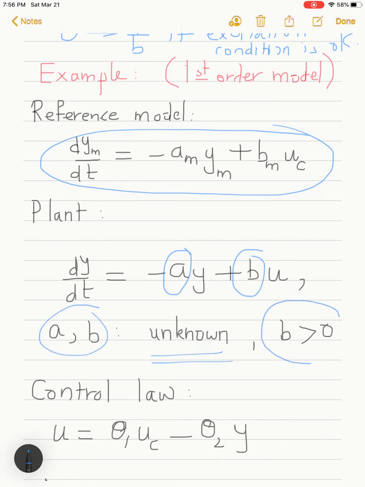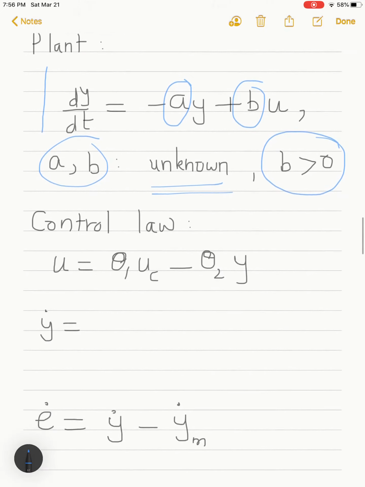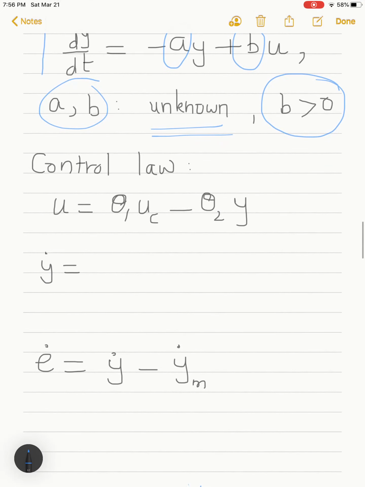Again, the gain b is assumed to be of known sign, and I'm assuming it here to be positive. The control law that I'm using is a feedback controller with gain theta 2, so minus theta 2 times y, and a feedforward term which is theta 1 times uc.